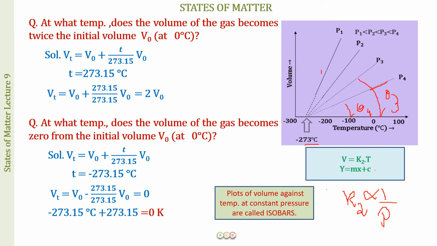So when we are drawing this line, the K2 is coming to be less than this, and therefore the pressure P4 is going to be greater than P3, and P3 will be greater than P2, and P2 will be greater than P1. So if you are asked a question which of these is going to be a greater pressure, I hope you can understand that P4 will be greater than P3, P3 greater than P2, P2 greater than P1, because pressure is inversely related to K2, and K2 is equal to tan theta. Fine, I hope this is clear.